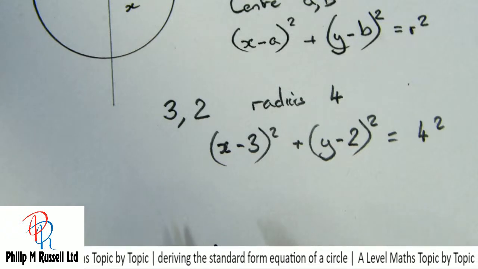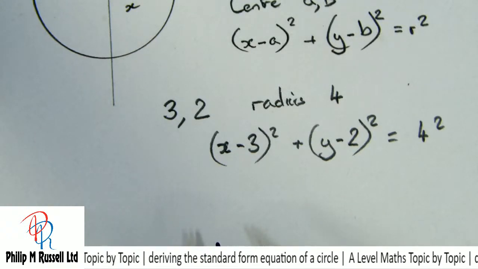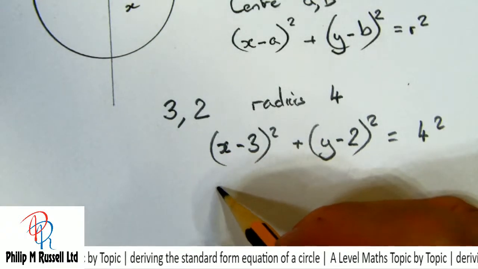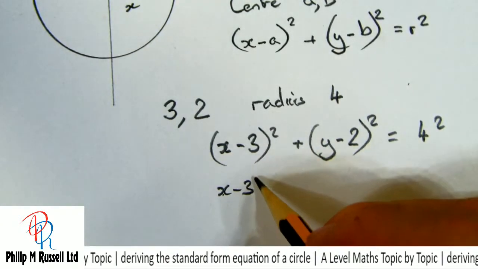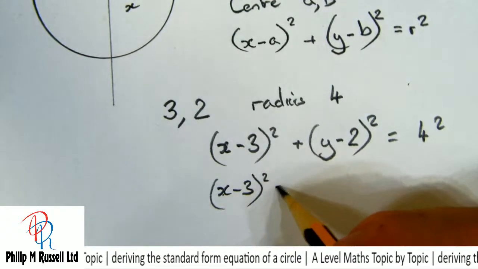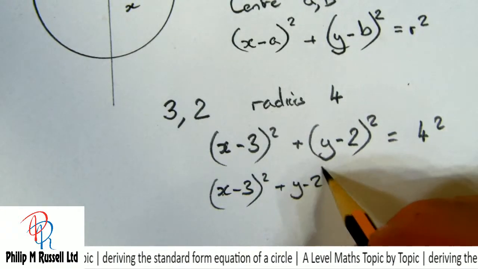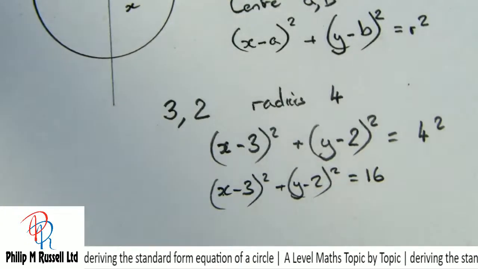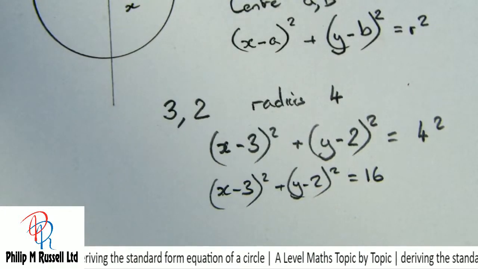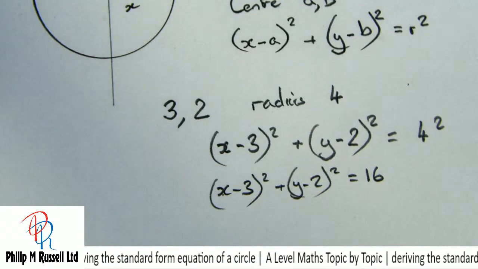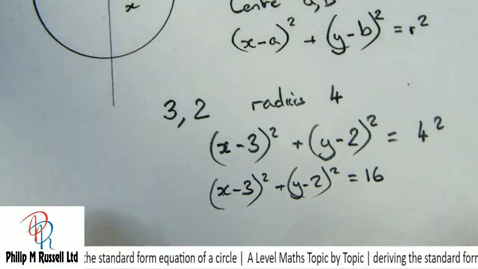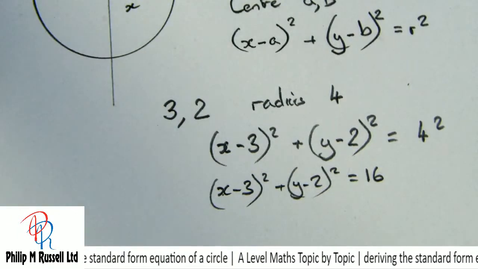And that's going to give us simply our equation here, and I suppose better to write that out as x minus 3 squared plus y minus 2 all squared equals 16. So that's going to give us simply writing down the equation of a circle given a couple of bits of data.